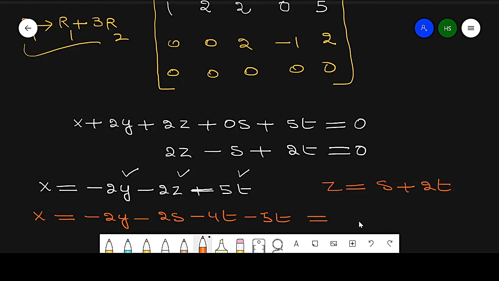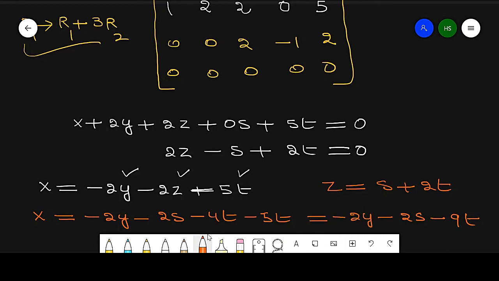So this will become minus 2y minus 2s and minus 9t. So x depends upon y, s and t.